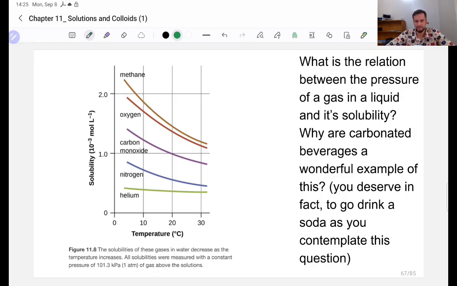So you can note it's actually the opposite of adding salt or something, where the solubility is going to increase with temperature. And carbonated beverages are also an example. We keep them cold. The solubility is higher, actually, when they are really cold.